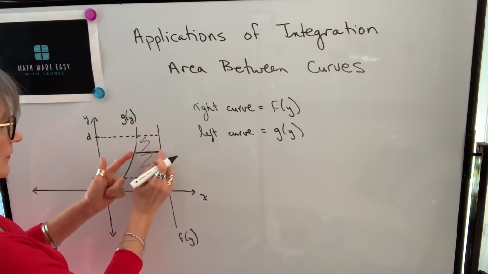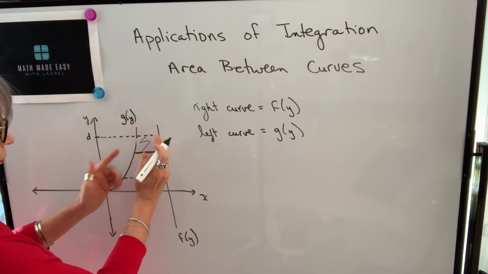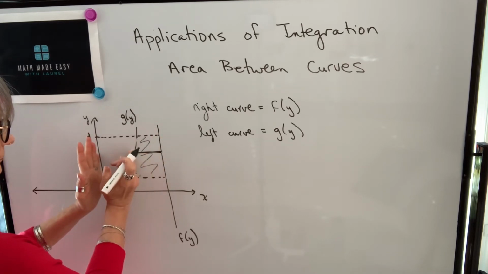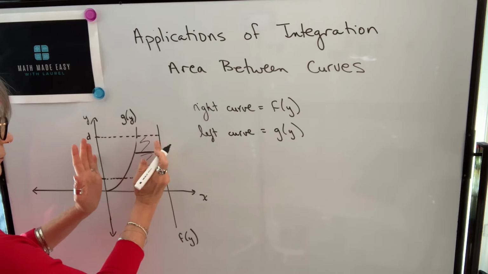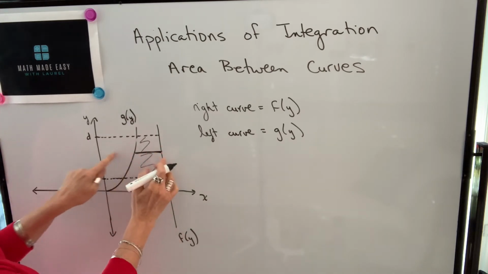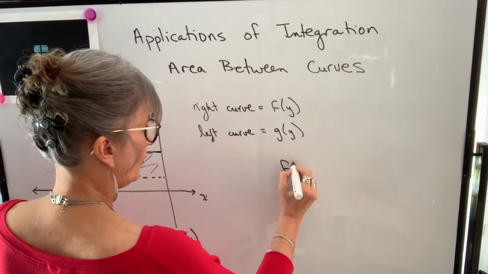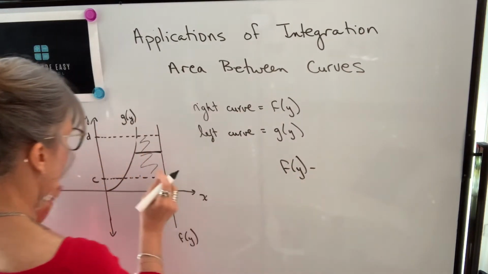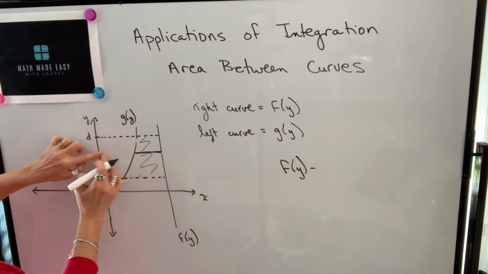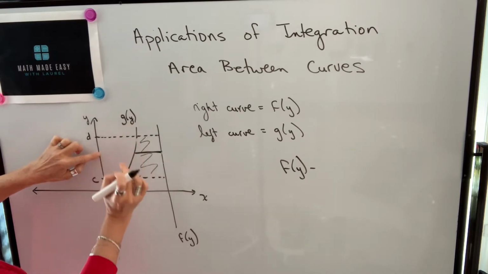So the length of this rectangle will be this x value minus this x value. The way that we describe this x value is f of y. So f of y will be this whole distance, and then this distance here will be g of y, the x value for that function.